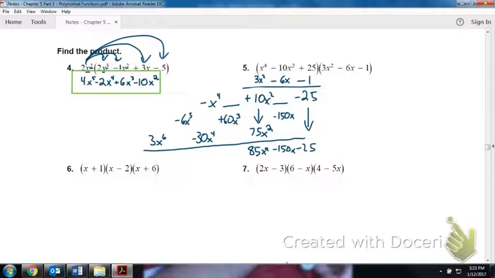There's no cubes to combine it with, so we got a positive 60x cubed. X to the fourth minus 30, so that's negative 31x to the fourth. Negative 6x to the fifth, and 3x to the sixth.